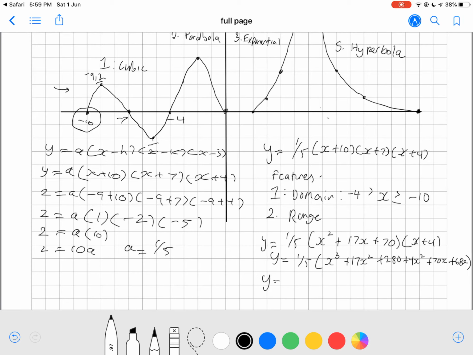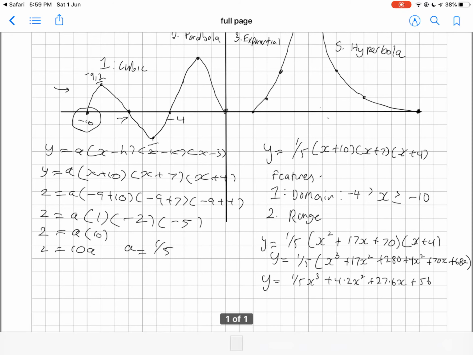Okay, so now we can say y equals 1/5 of x cubed plus 4.2x squared plus 27.6x plus 56. Okay, so that's our expanded equation.